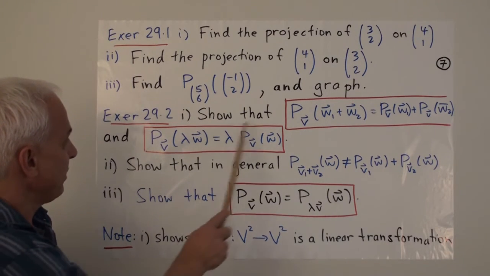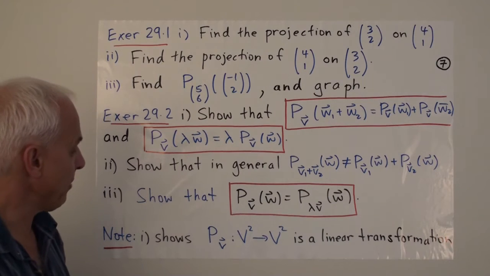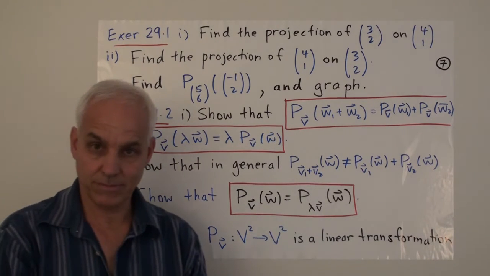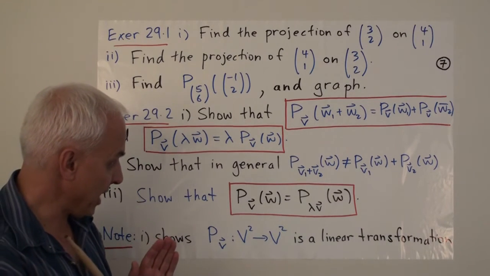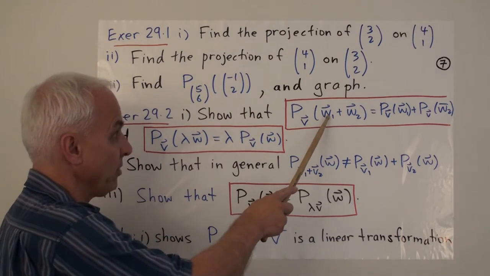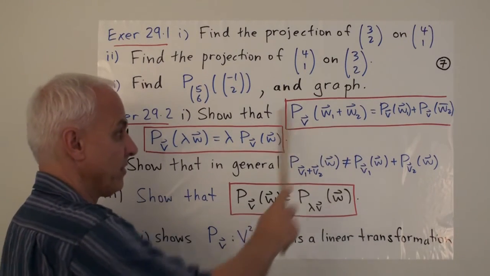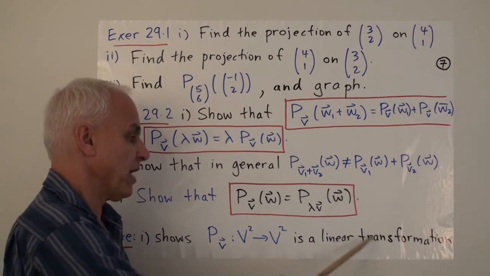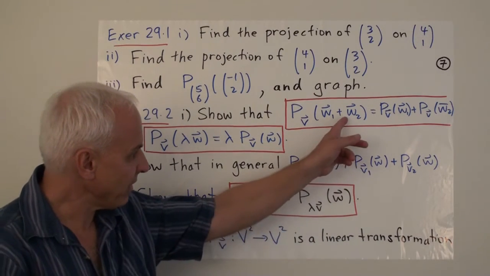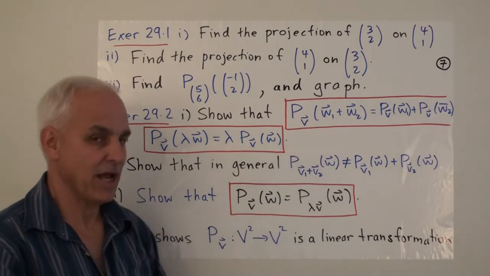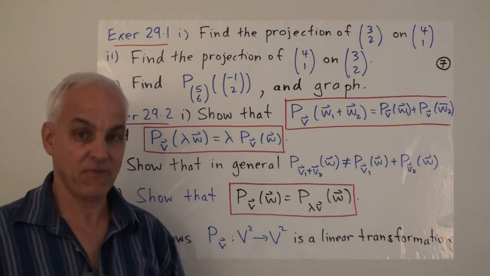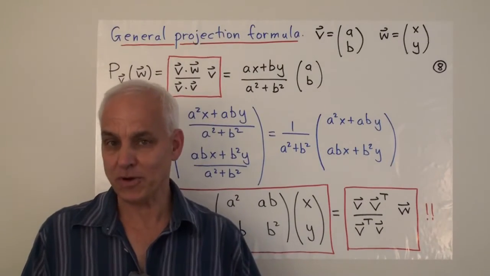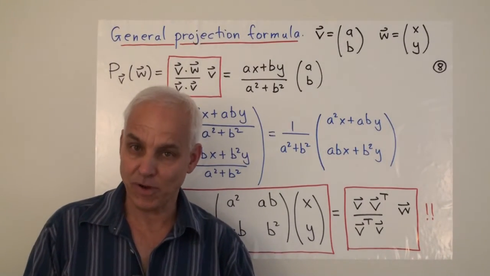All right, so an important note that this problem here, 29.2 part 1, shows that this projection onto V, if we think of it as something that inputs a vector W and outputs the vector P sub V of W, that is a linear transformation. That's what these two lines are telling us. That P sub V is a linear transformation. This is linear algebra, so we like to do a little bit of algebra.